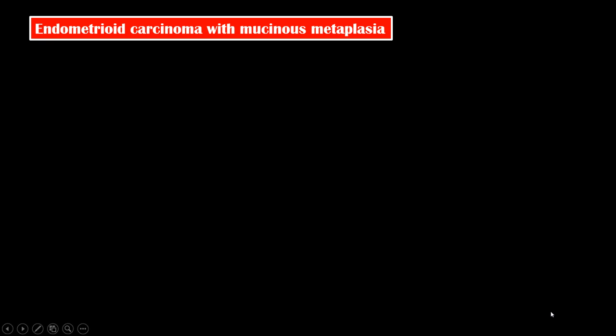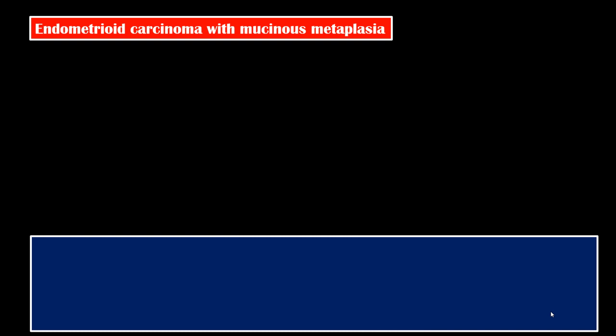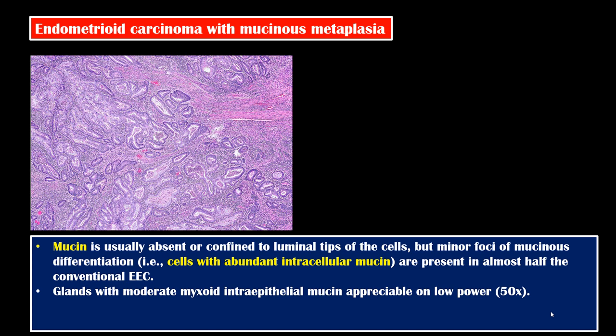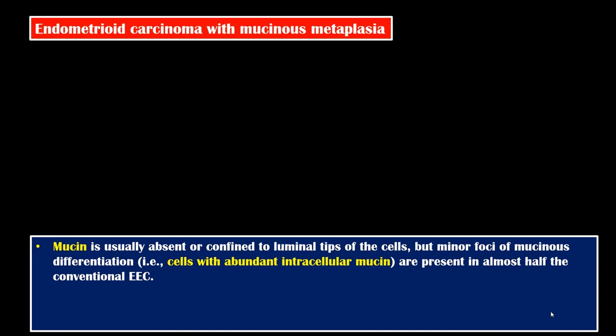Endometrioid carcinoma with mucinous metaplasia. Mucin is usually absent or confined to luminal tips of cells, but minor foci of mucinous differentiation, that is, cells with abundant intracellular mucin, are present in almost half of the conventional endometrioid carcinomas.